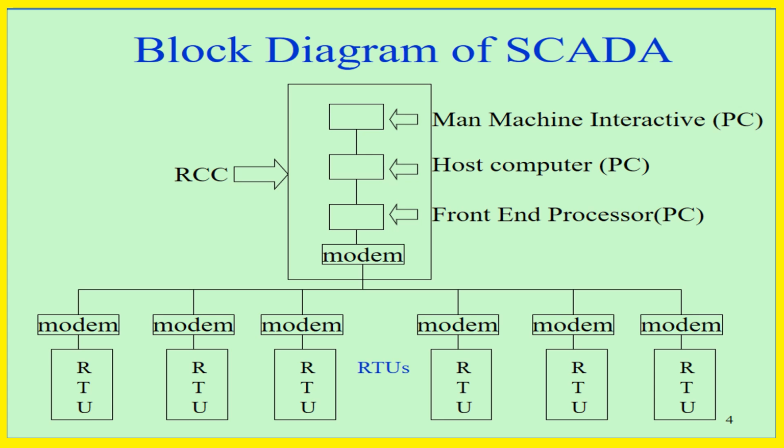In the RTU they will demodulate it, means they will filter out the carrier wave and give the signal to the CPU. The CPU will do its work to open or close any CB or VM, all these things.